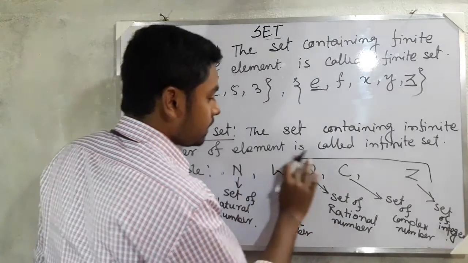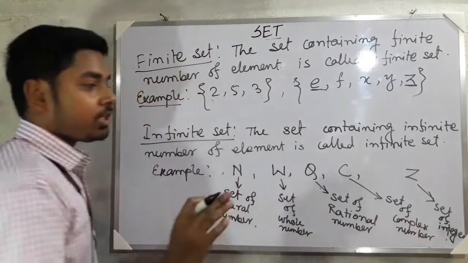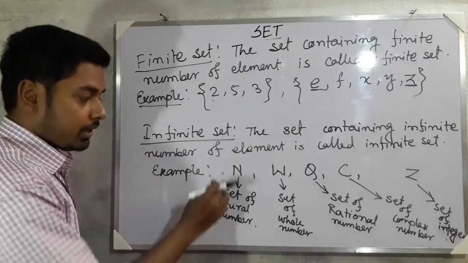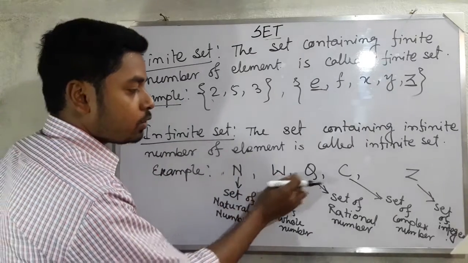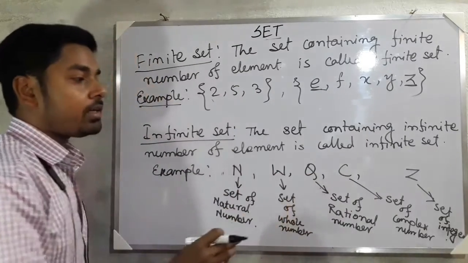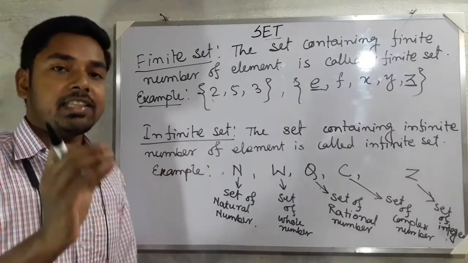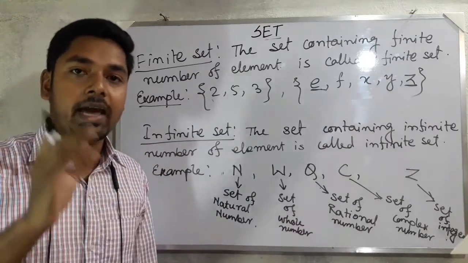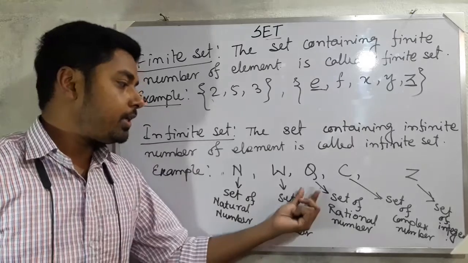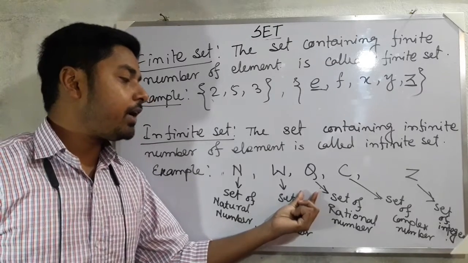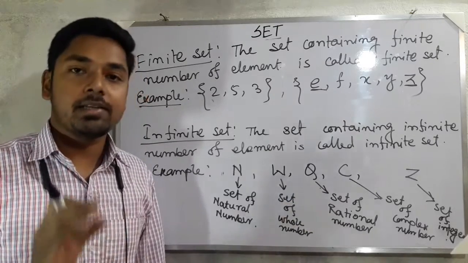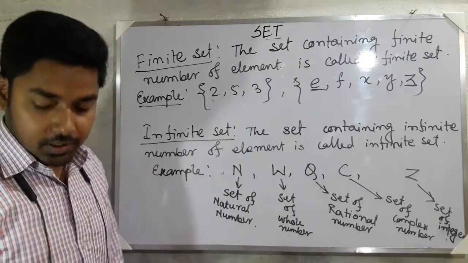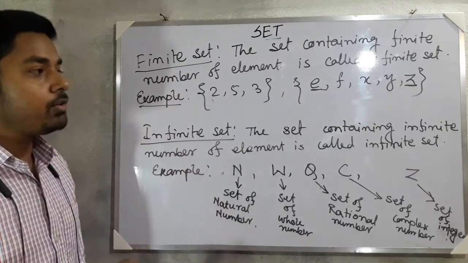These are called special mathematical sets. These N, W, Q, C, Z are called some special mathematical sets, and I will make another video on how we can identify the special mathematical sets.